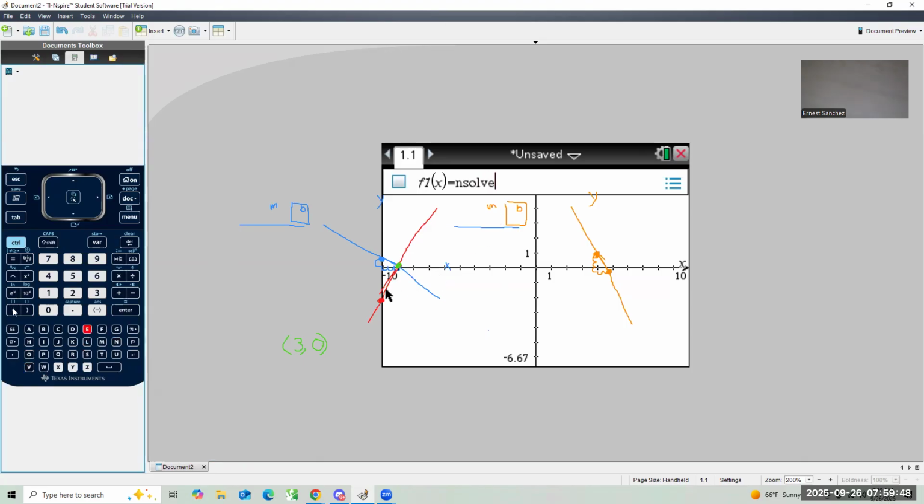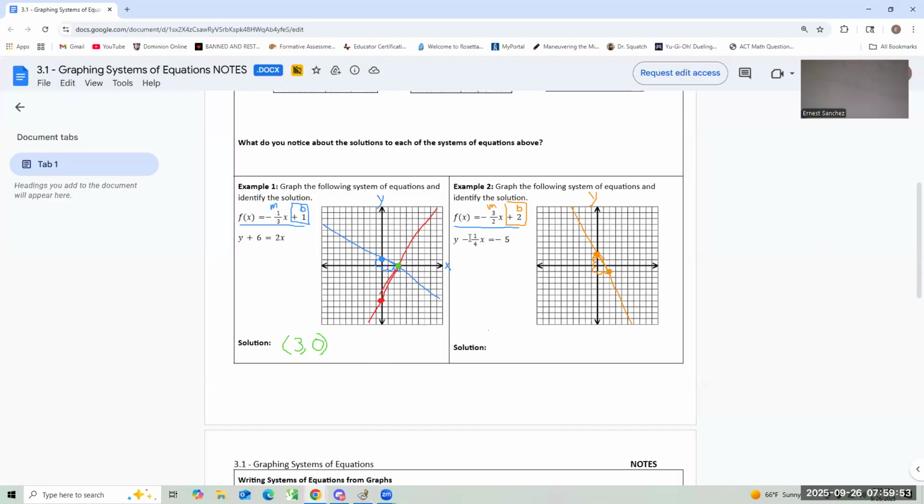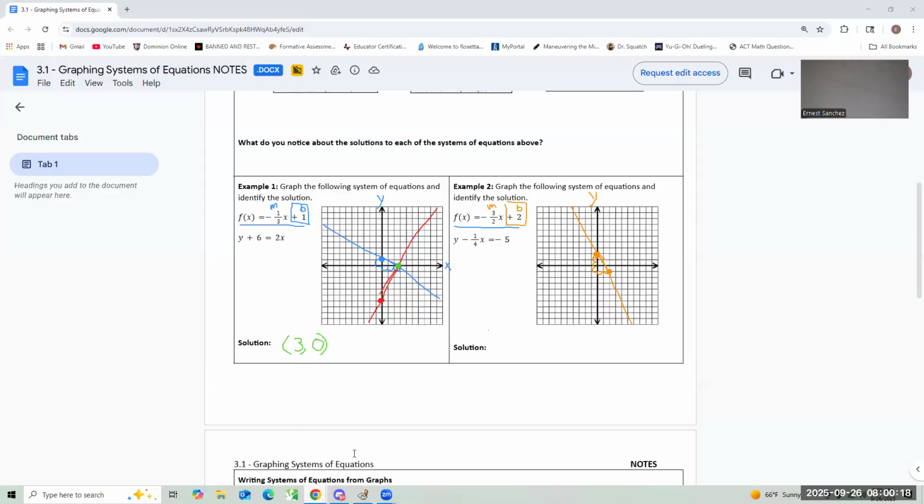NSOLVE, open parentheses. I'm going to type my equation, y minus 1/4. Okay, so y minus, and to get the fraction, remember it's control and then the division symbol. We get our fraction. So 1/4. To get out of the fraction, you have to press the right arrow. x equals, and I forgot what the last number was, equals something, -5.